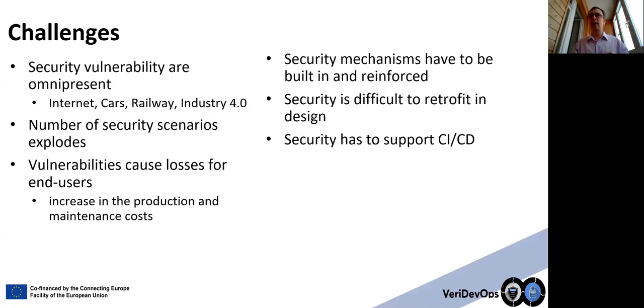Many huge companies like Amazon, Facebook, and Google regularly update their sites, and vulnerabilities can slip quite easily into production due to the heavy use of CI/CD. So the security mechanism shall support this continuous integration, continuous delivery cycle in development.